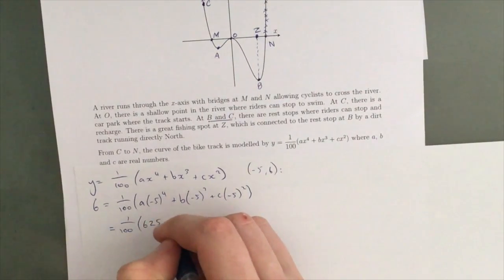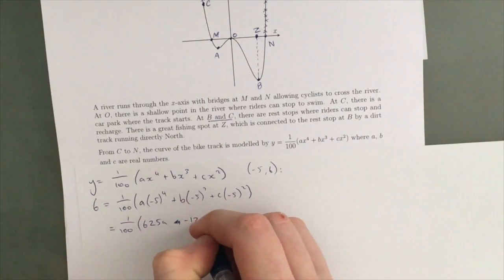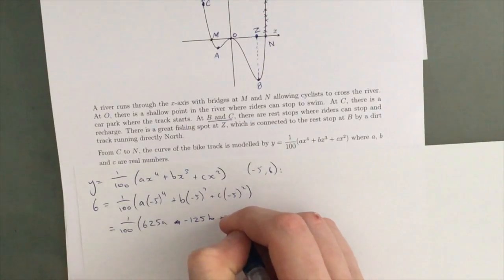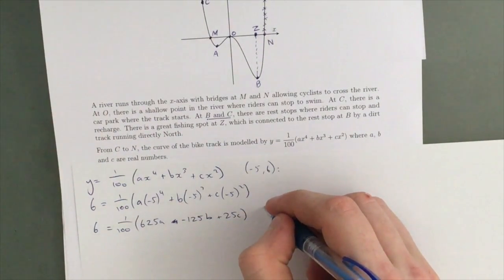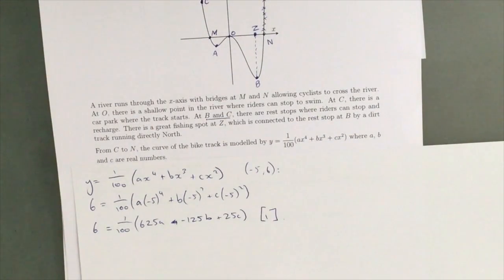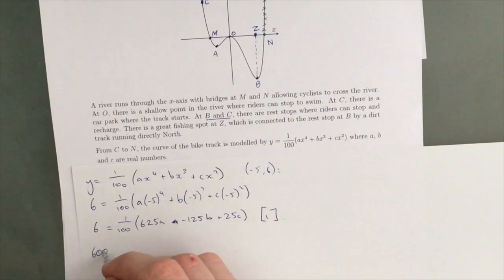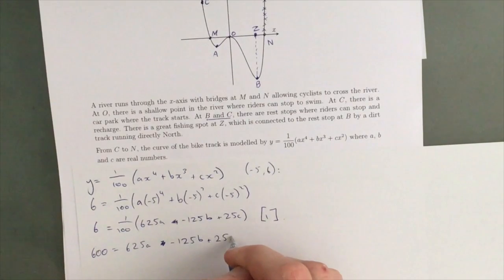So 625a take away 125b plus 25c. And that's really our first equation. And we can simplify that down by timesing each side by 100. So we get 600 on this side, and that 1 over 100 gets cancelled out. 625a take 125b plus 25c.